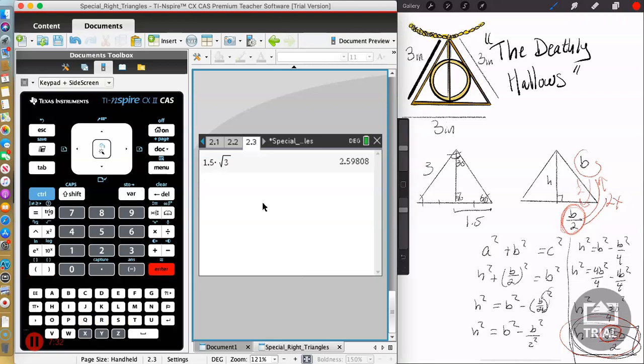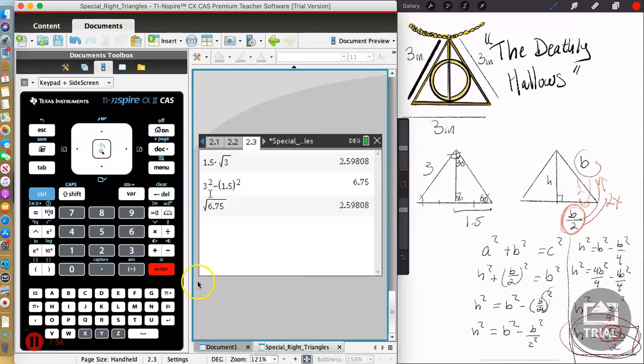Just to confirm that we did that right, let's take our hypotenuse to the power of 2 minus the 1.5 to the power of 2 and enter, and we're going to take the square root of that, and we're good. So this is a simple proof for the 30, 60, 90 triangle.